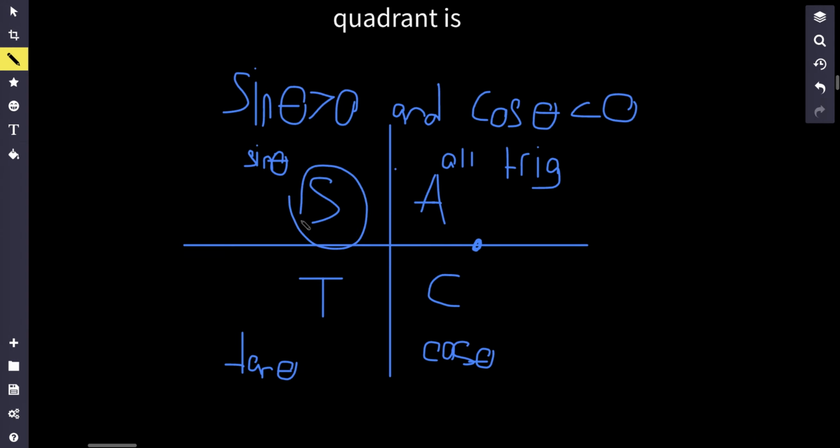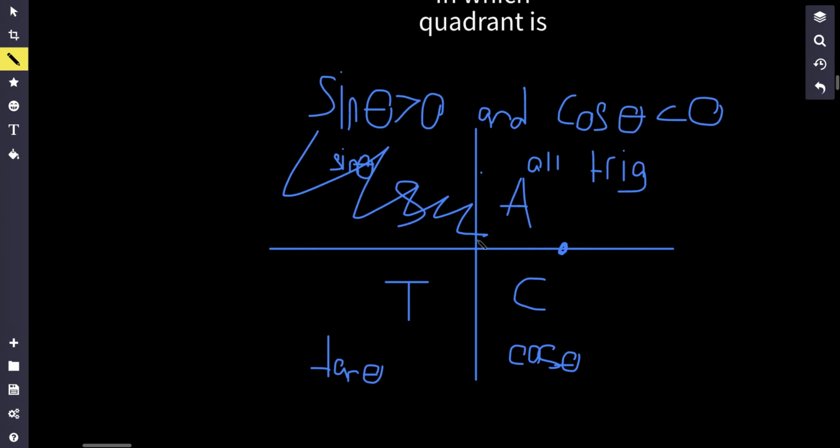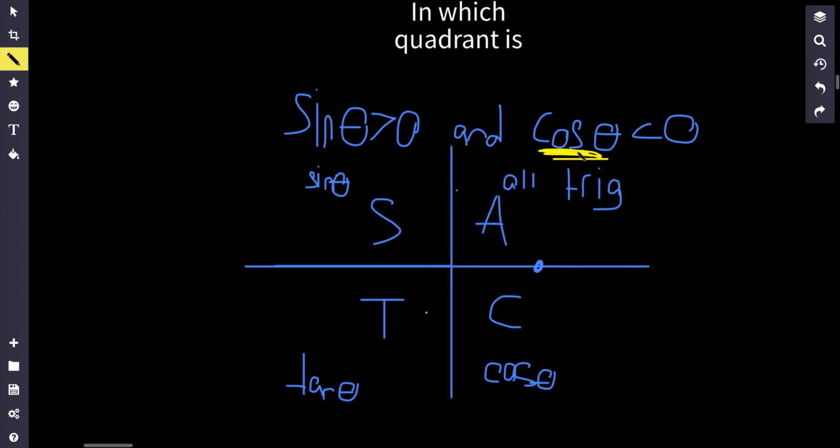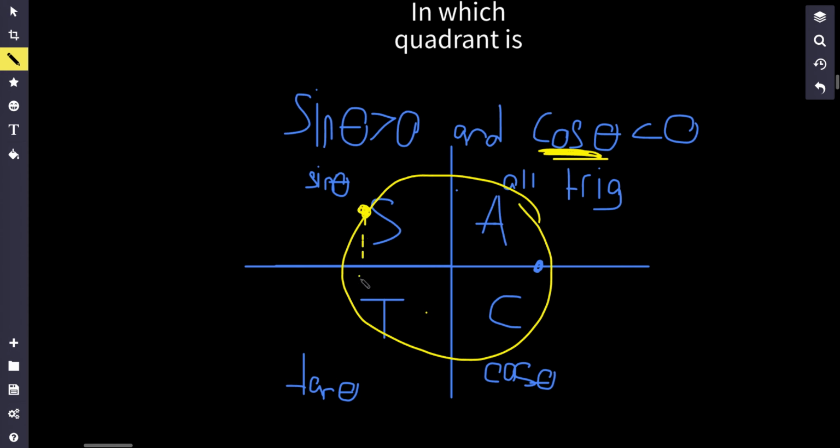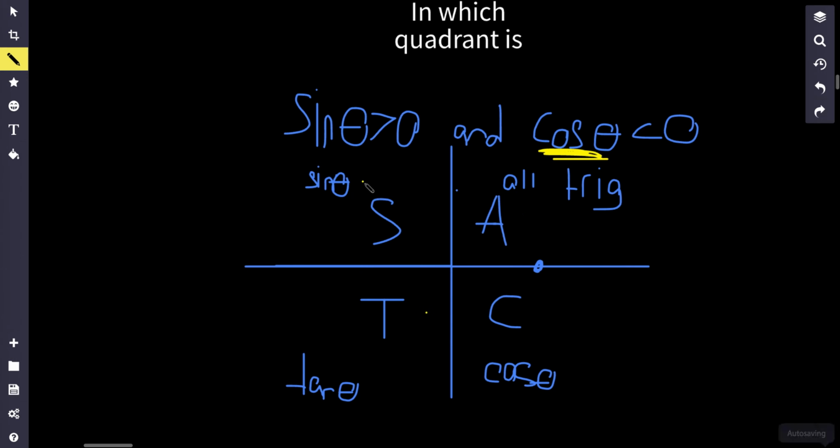When you're in the second quadrant right over here, notice how the x values are negative in the second quadrant. And we know that cosine of theta, well, remember when we draw out the unit circle, right? Cosine of theta in this case is always going to be negative, right? Because cosine represents our x value. In this case, our x value is negative. But our sine value is going to stay positive.